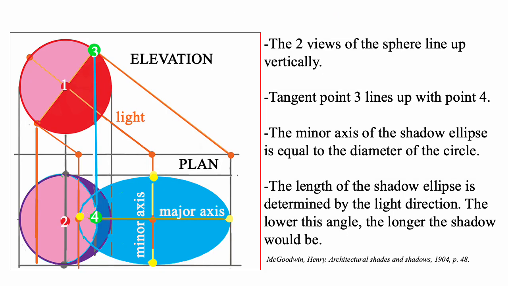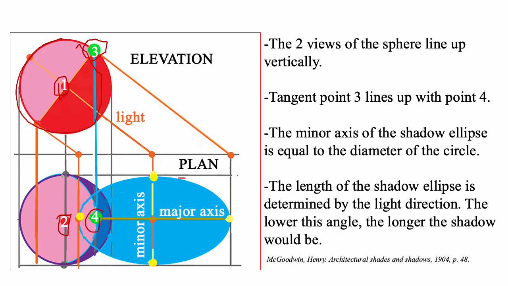I lined up these two views of a sphere, and a sphere always looks like a circle. So we have the center here, which is vertically above the center here, and tangent point 3 is above tangent point 4.